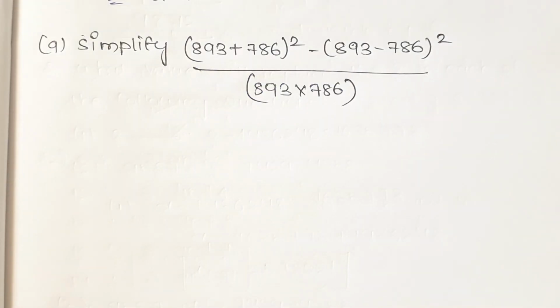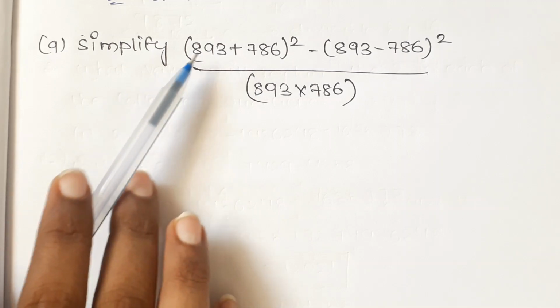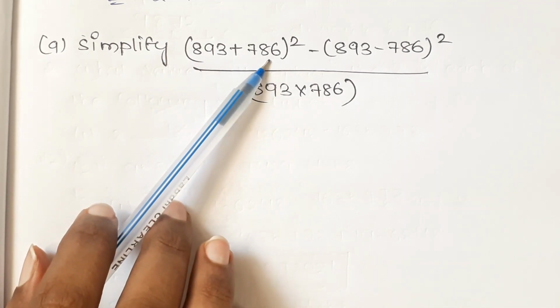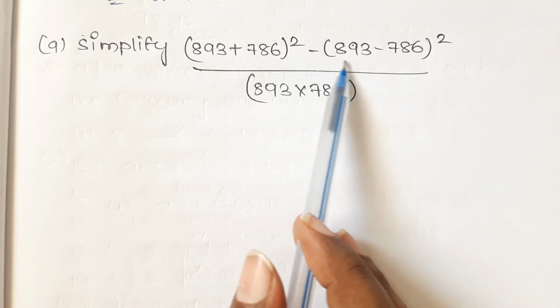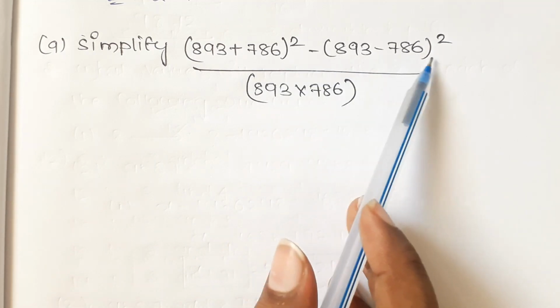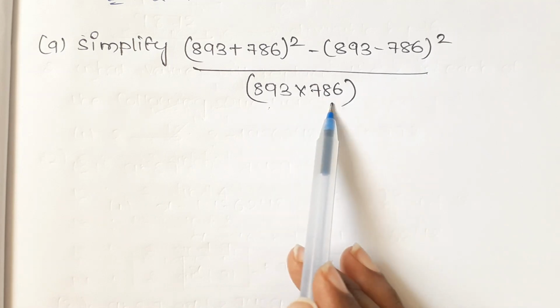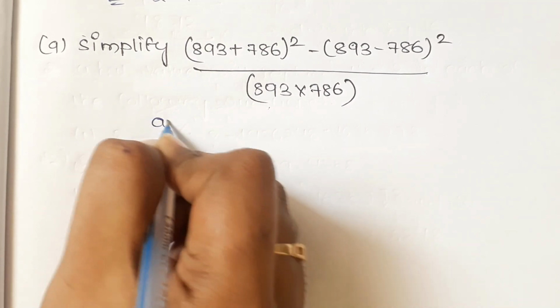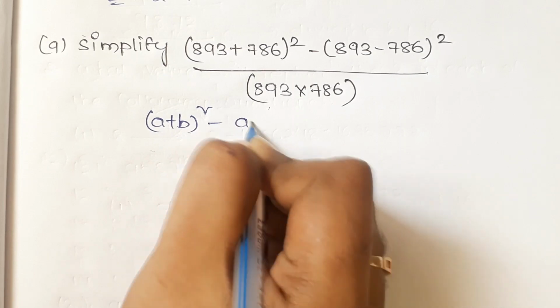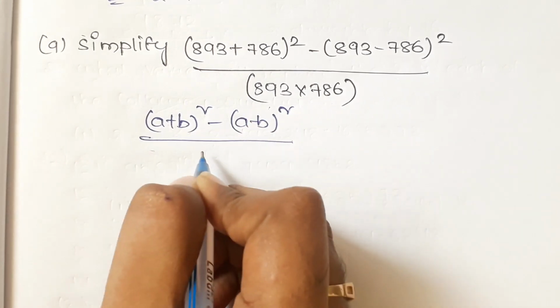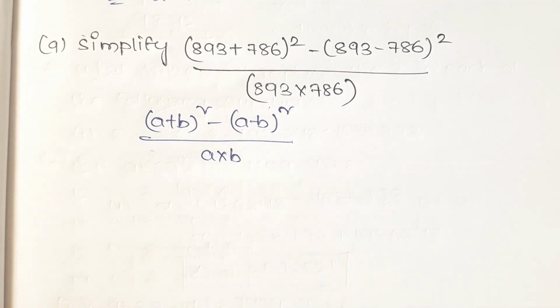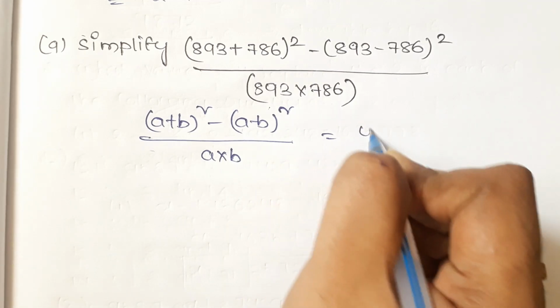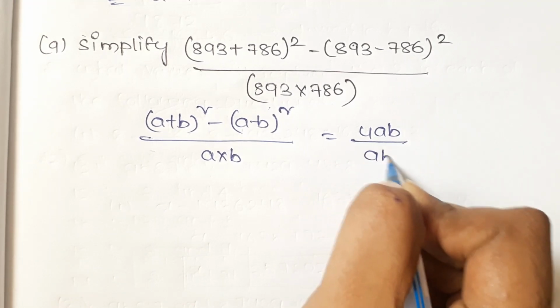Now let us see the another model, that is simplify 893 plus 786 whole square minus 893 minus 786 whole square by 893 into 786, and the given question is in the form of a plus b whole square minus a minus b whole square divided by a into b, and we know that a plus b whole square minus a minus b whole square divided by ab is nothing but 4ab by ab.